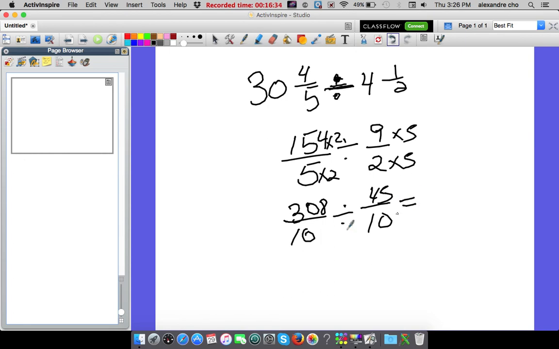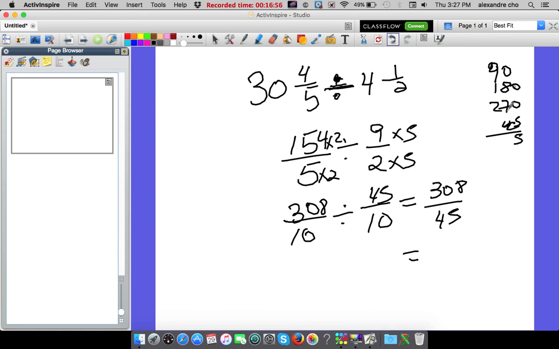So we're asking ourselves how many times can 45 go into 308, and let's write it as a fraction first. 90, 180, 270, plus 45 would be too much.